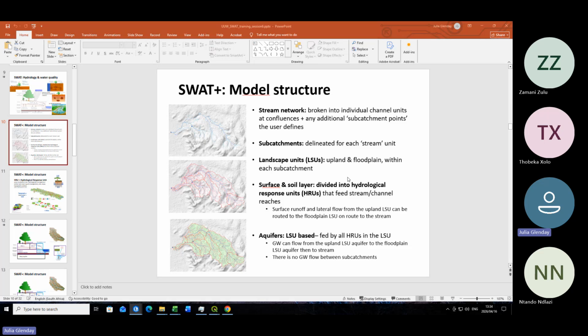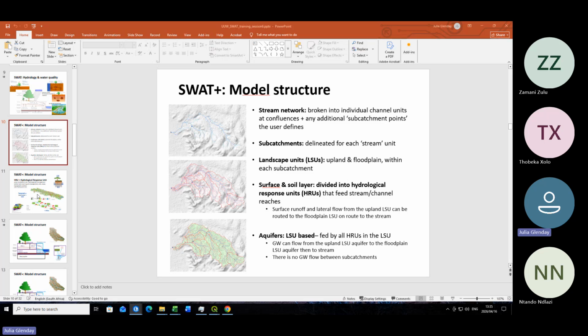Each HRU is a soil type and vegetation type, and if you want, a slope type combination. Those are the units at which a lot of the processes are calculated, and then things get accumulated into the streams. And then there's aquifers also, at the scale of the landscape units. So within a subcatchment, there'll be an upland and a floodplain aquifer unit.